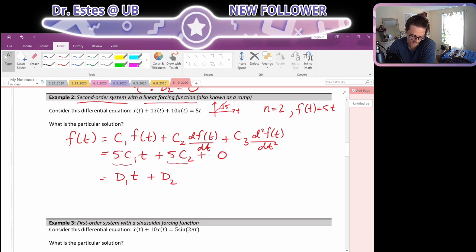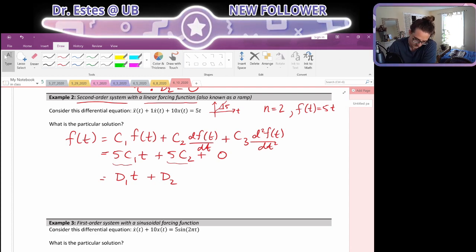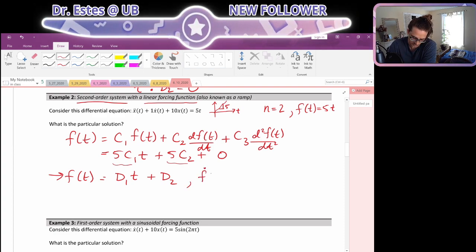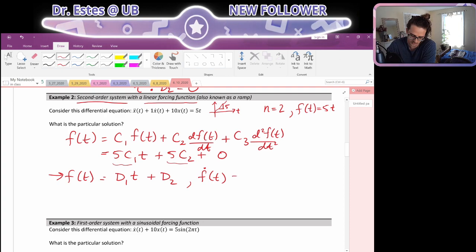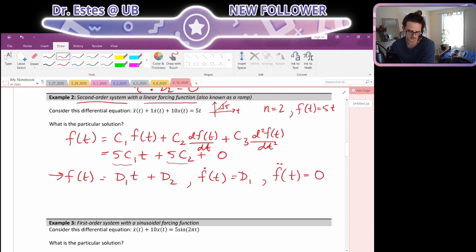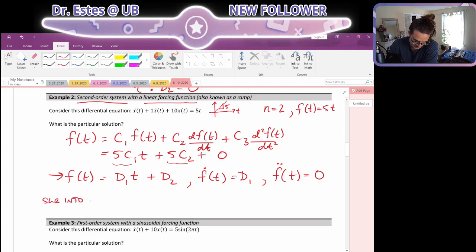Okay. So how do we solve for this? We sub it into the differential equation. So we're going to need to solve in f of t. We're also going to have to do the first derivative, which would just be d1. And the second derivative is just 0. So let's sub into our differential equation.